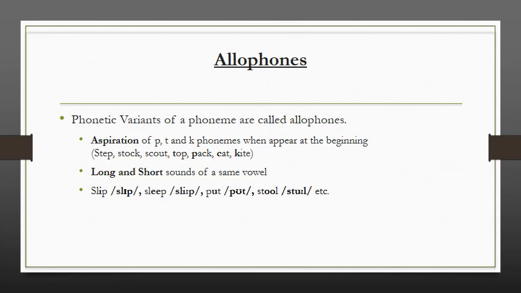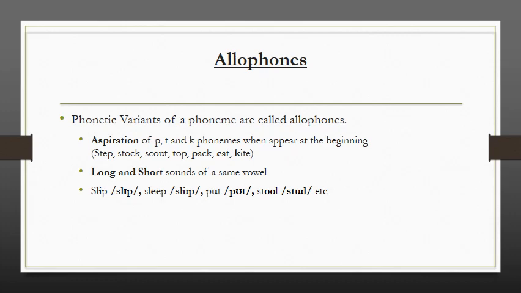So how the phoneme varies depends upon some phenomena like aspiration. We know that we pronounce p, t, and k in two ways. If these three sounds appear at the beginning as the first letter of a word, they are usually aspirated.